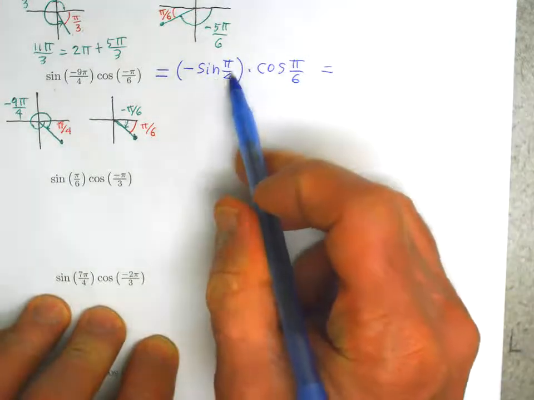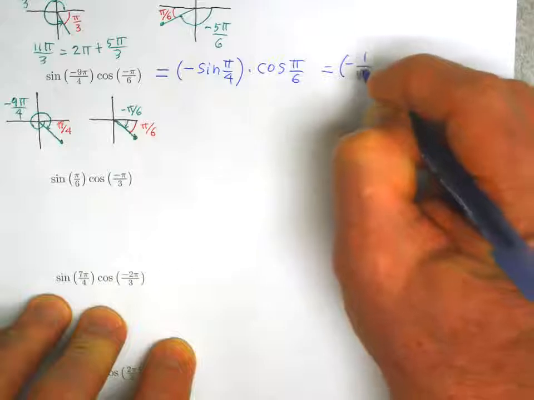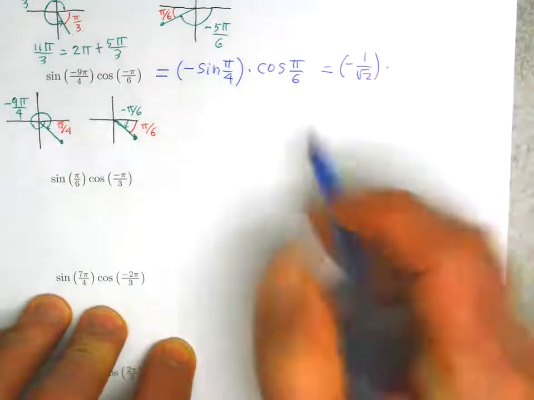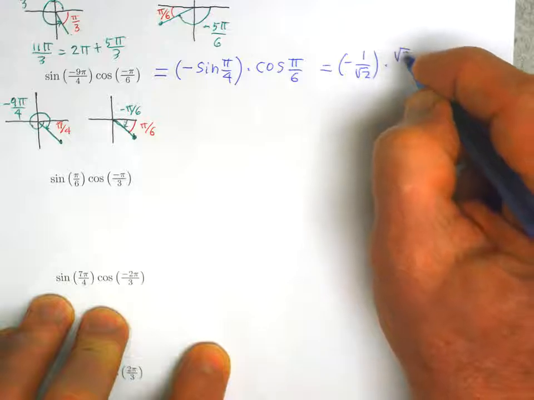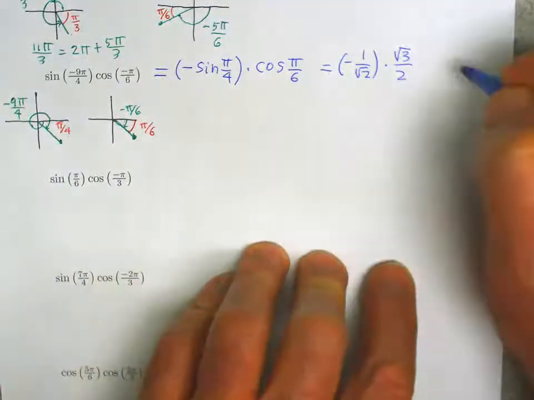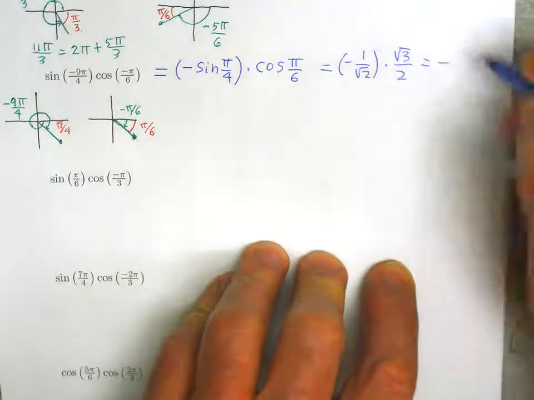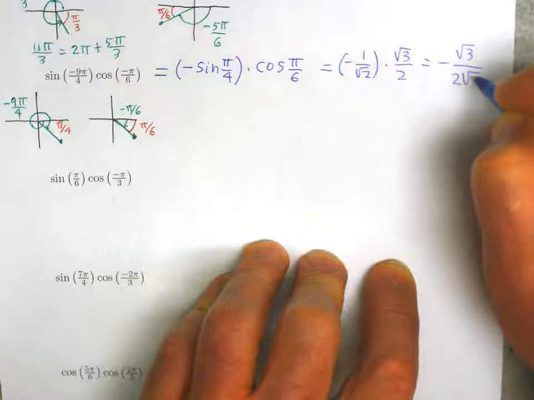Sine of pi over 4 is 1 over the square root of 2, so this is negative 1 over the square root of 2, and cosine of pi over 6 is the square root of 3 over 2. So we can write this as negative square root of 3 over 2 times the square root of 2.